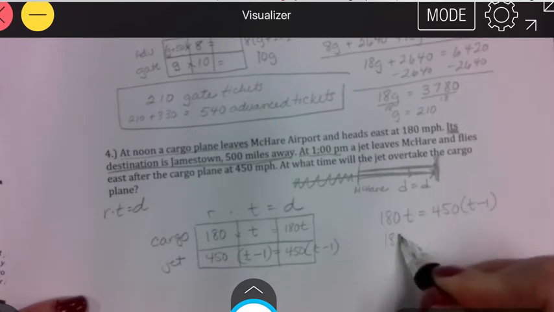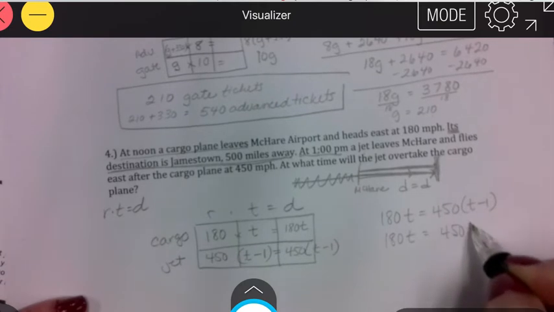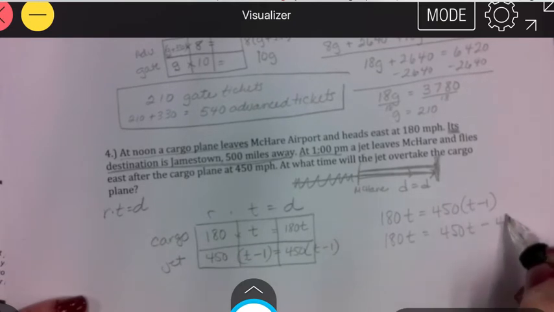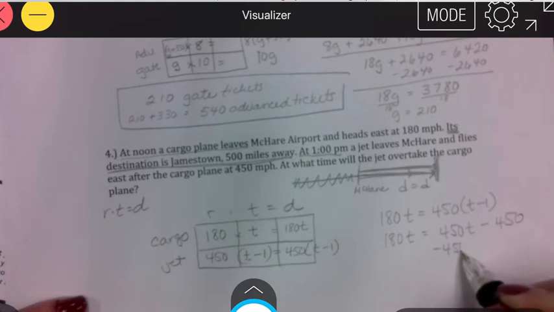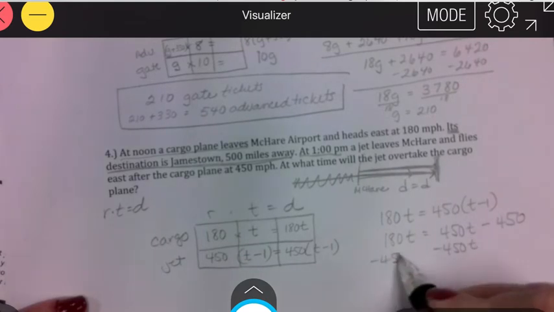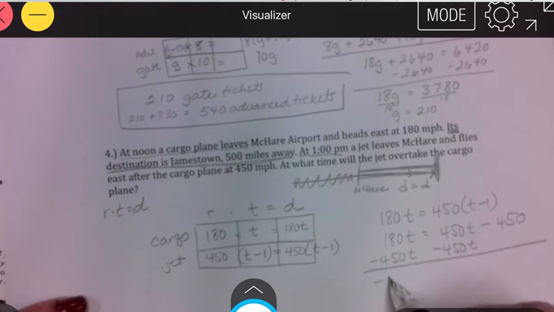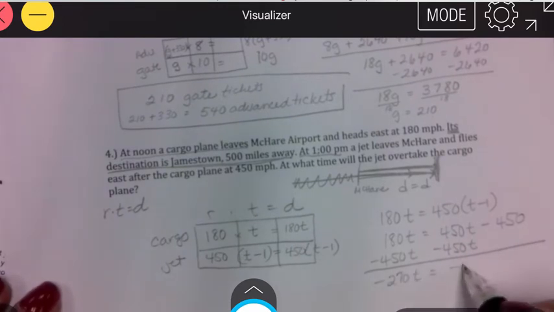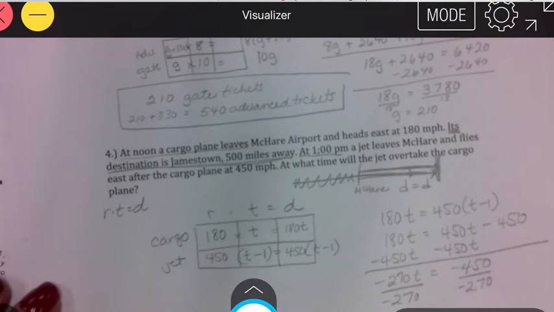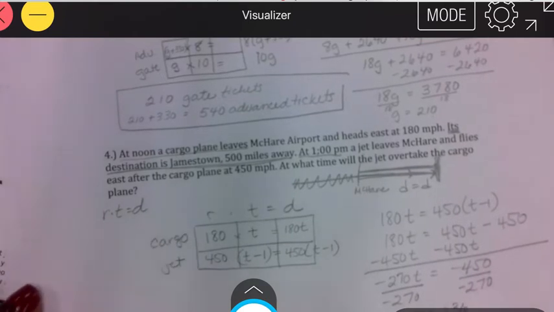So now we go through and solve. If I go through and subtract 450t, I end up with a negative 270t is equal to a negative 450, divided by negative 270, and I end up with 1.66666, or 1 2/3.